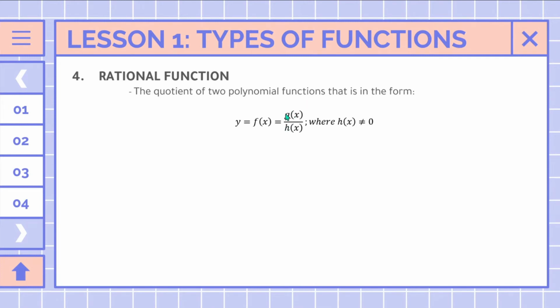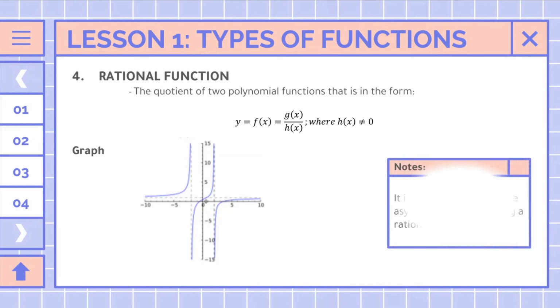So, representation lang tong g of x ng isang function, then h of x is another function. So, let's proceed muna sa graph. The graph of a rational function is like this. Then sa notes, it is important to know the asymptote when graphing a rational function.